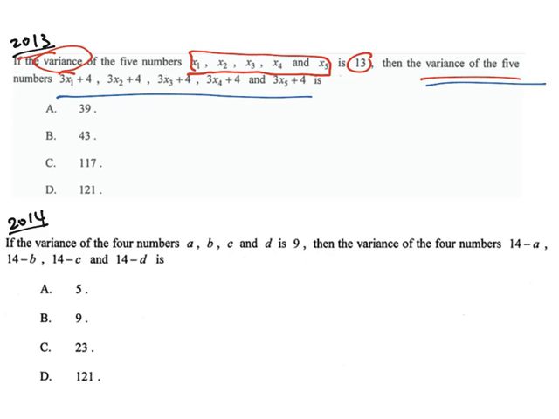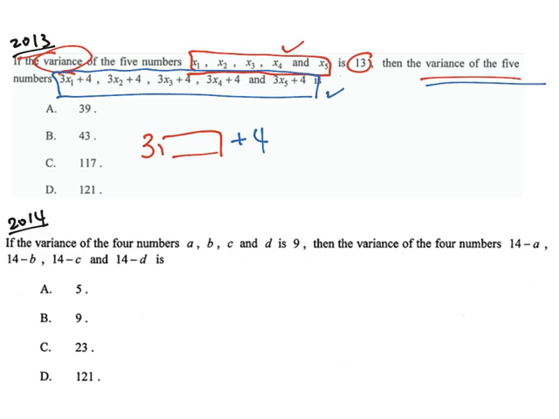Let's see it. We can see that the new data set and the old data set have some relationship. Can you see what it is? Actually, with the old data set, each data we times 3 and then plus 4. Can you see? Times 3 and then plus 4.